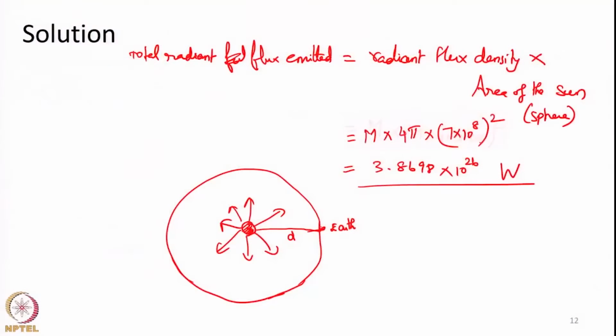So, 1 meter square on the earth surface is located somewhere here. What I want to do is calculate the irradiance at the earth surface. That is, I have to divide the power within this entire sphere by 1 meter square of area.